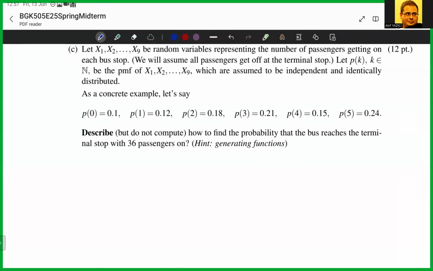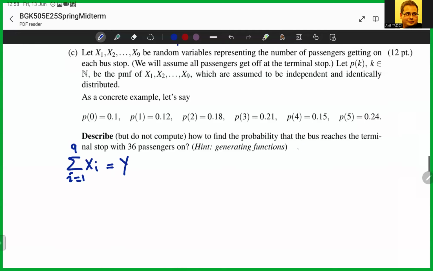Describe, but do not compute, how to find the probability that the bus reaches the terminal stop with 36 passengers on. So I want 36 to be the sum of xi for i from 1 to 9. Let's denote this with a Y. I want to find the probability that Y equals 36.